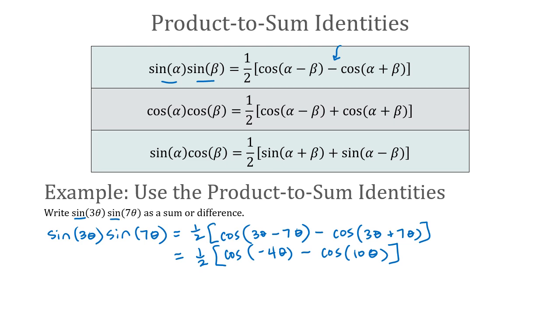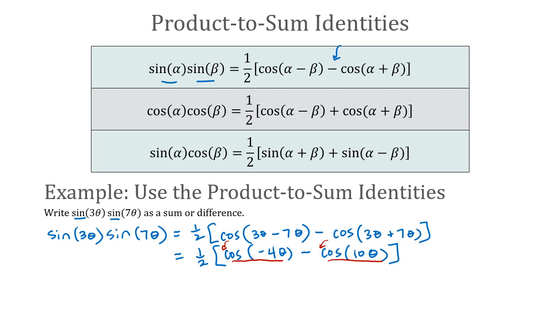Inside the arguments, we've got the cosine of negative 4 theta and the cosine of 10 theta. Those arguments are not the same, so we can't do that subtraction. We could distribute the 1/2 through, but it would be on the outside of the cosine and would not go into the argument. So it's probably better to just keep it on the outside.